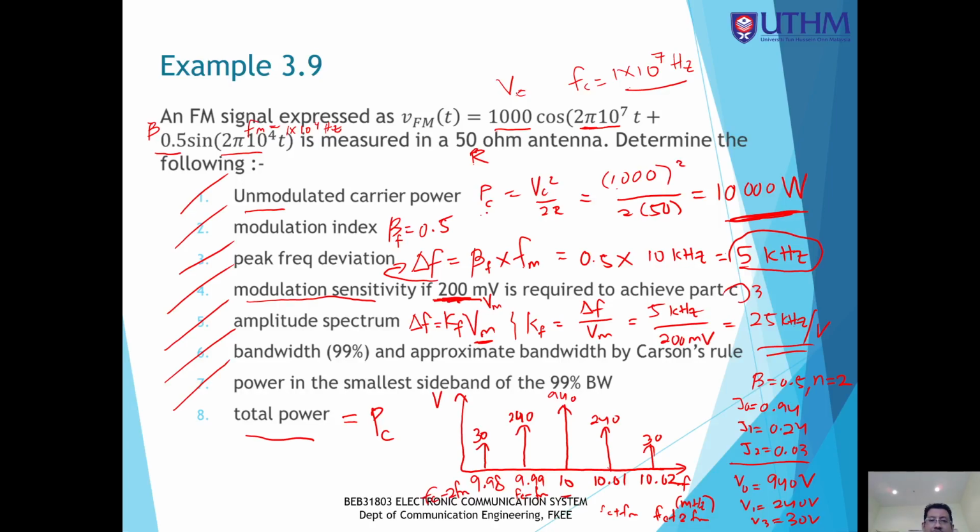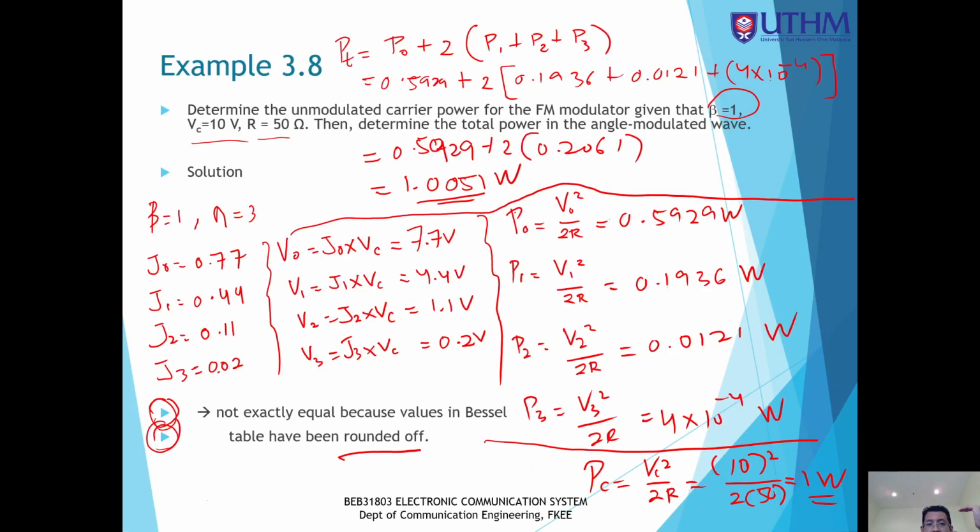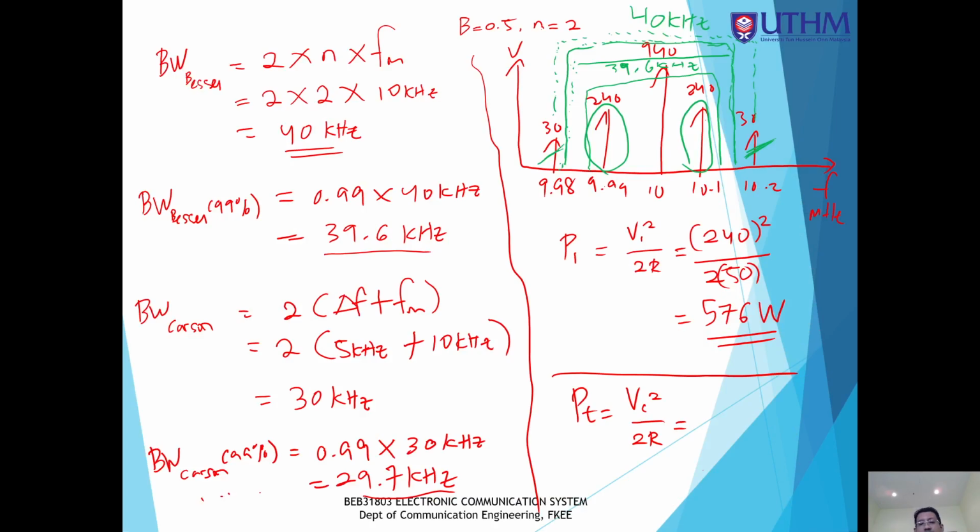We have already found the unmodulated carrier power, so the final answer would be almost 10,000 watt. But in this case, let's try to use the long equation. Because we already know that the total power is this one, 10,000, which we calculated previously. But for this example, let's try to use the long equations.